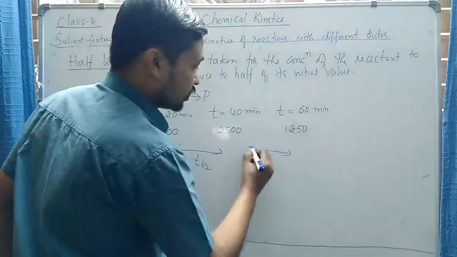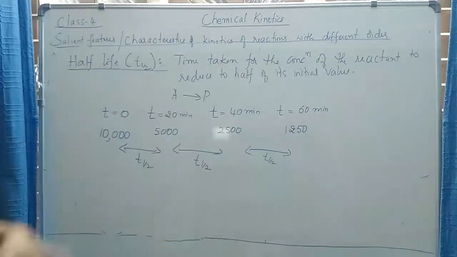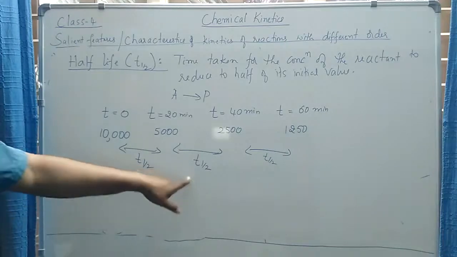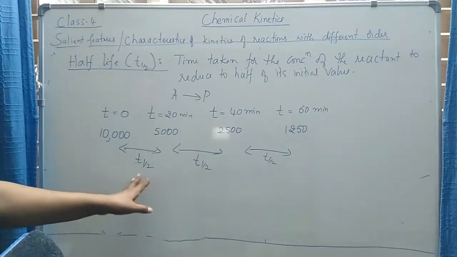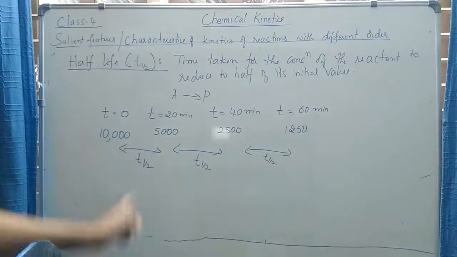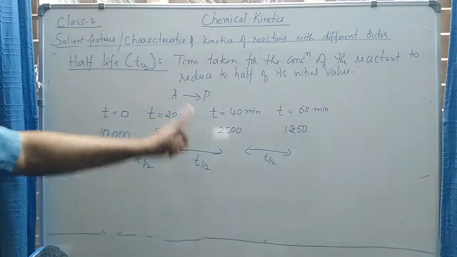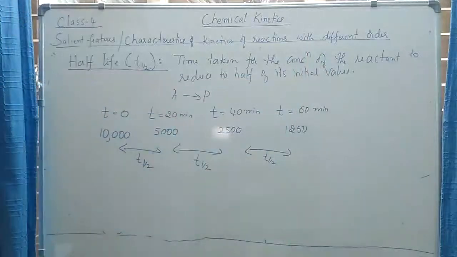So this duration is also a half-life of the reaction. So this is called the first half-life, second half-life, third half-life of the reaction. And for simplicity, here the first, second and third half-life are all one and the same. T half is 20 minutes, second T half is also 20 minutes, third T half is also 20 minutes.